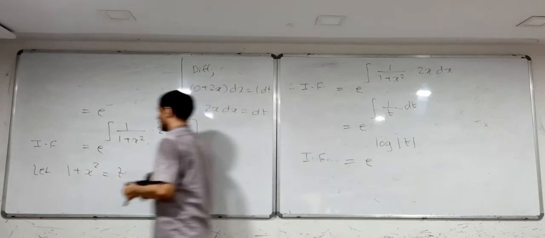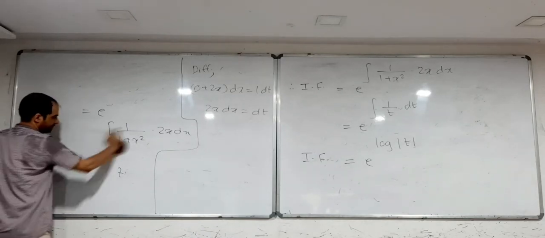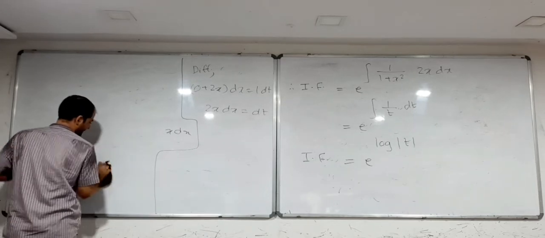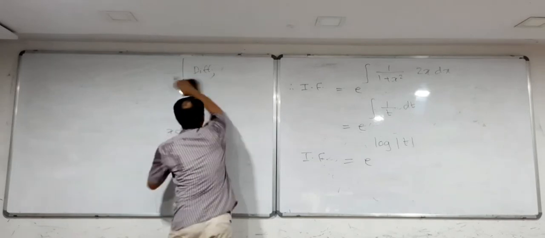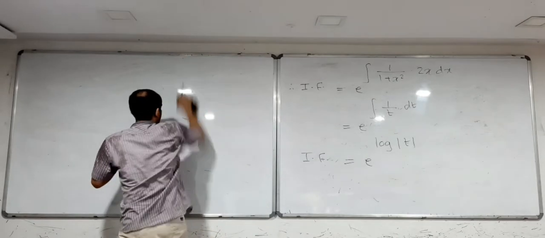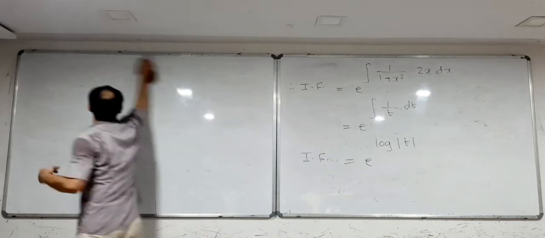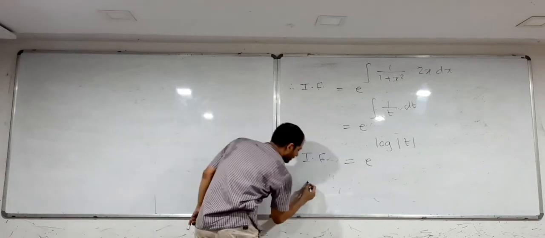Now this will be कितना हो जाएगा? इजीली आप कन्वर्ट कर सकते हो और आंसर आ जाएगा. ओके, टफ नहीं है, आराम से आपको करना है. पर हाँ, ये सारे स्टेप्स लिखो तो अच्छा है. सो आईएफ इंटीग्रेटिंग फैक्टर, t को असयूम करो ग्रेटर देन 0.